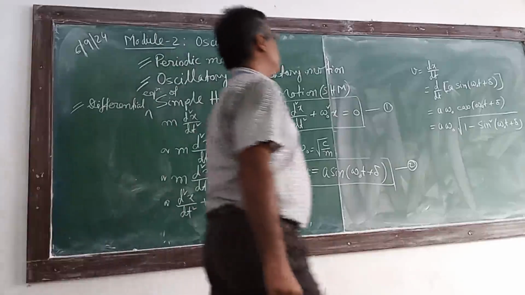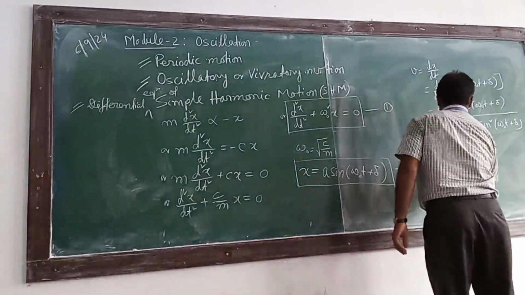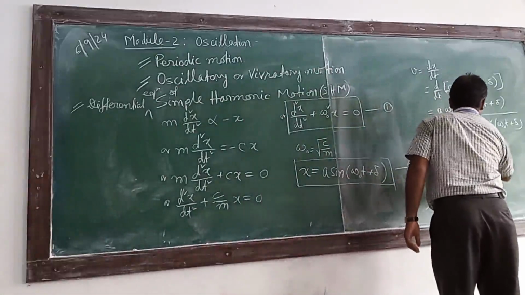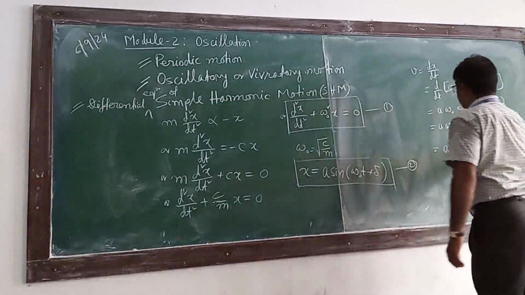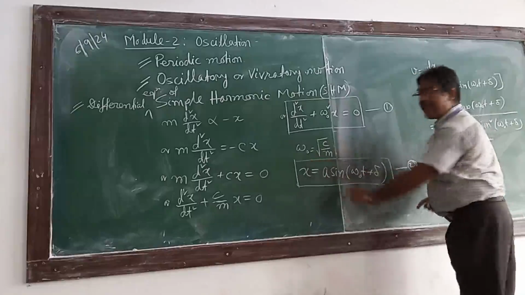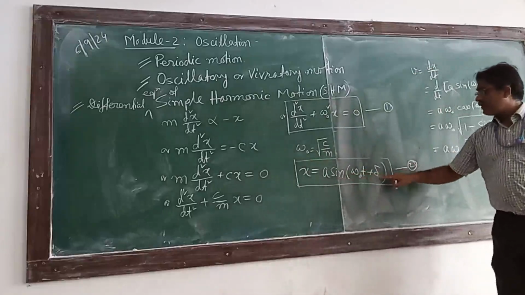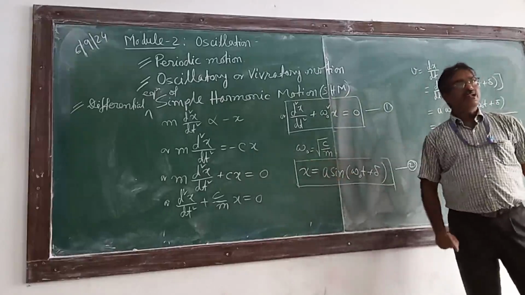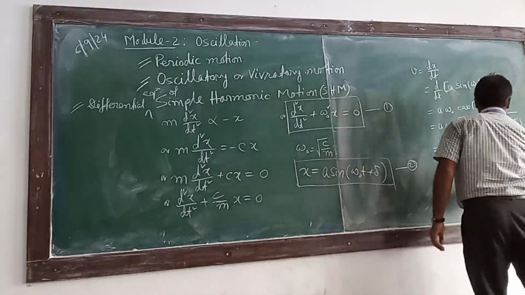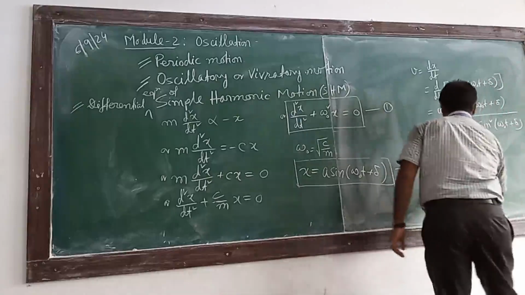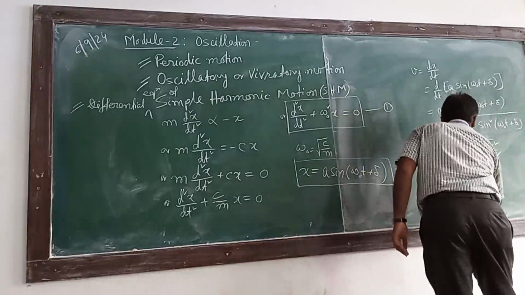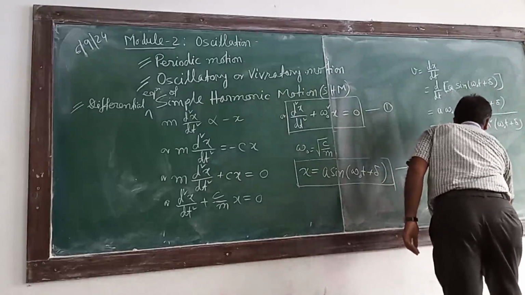From equation 2 we get sin(omega naught t plus delta) equals x by a. So we can write x square by a square. So this is equal to omega naught root over a square minus x square.